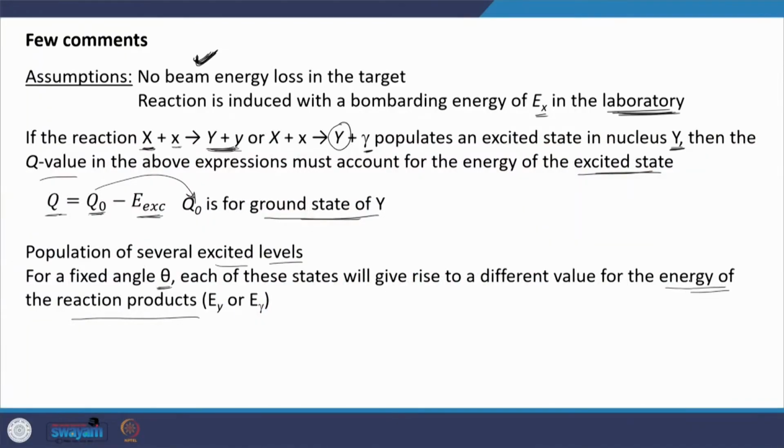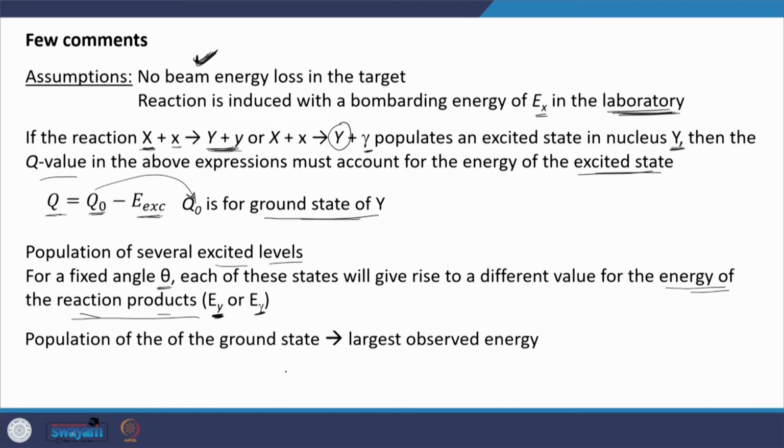Different levels of the nucleus formed, in this case capital Y, lead to different values for the energies of the reaction products. For the ejectile, the population of the ground state gives the largest observed energy. That is very simple to understand.